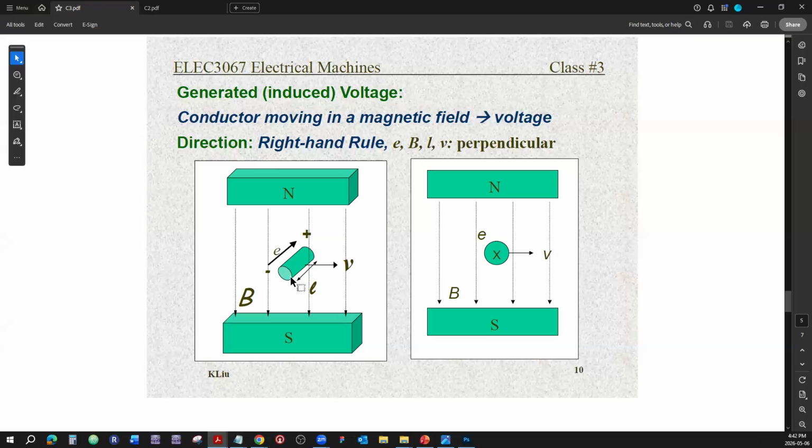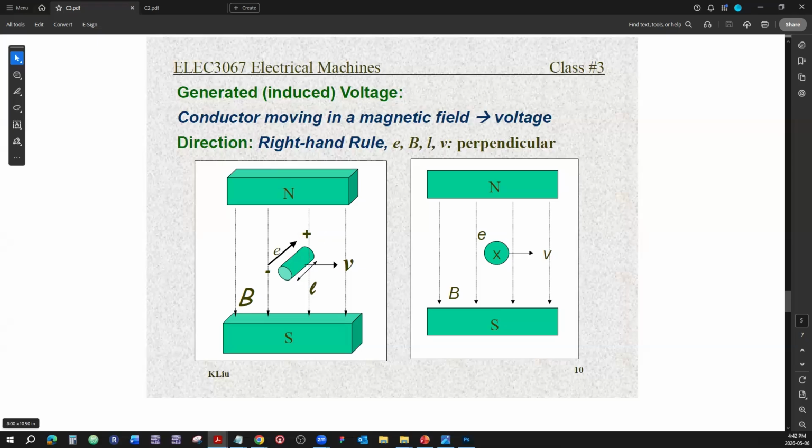Instead of having a stationary conductor and running current through it and seeing what happens, we're going to move the conductor in and see how we generate a voltage inside the conductor.